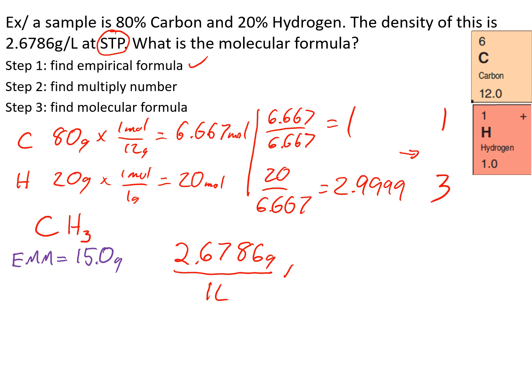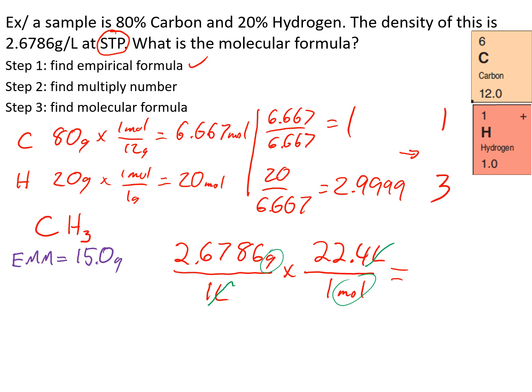So I need liters to go away. So I'm going to put 22.4 liters up there and 1 mole right here. And if you can see here, I'm going to choose a different color, green. Liters will cancel out, and the only units that are left are going to be grams over moles. And that's what I want.